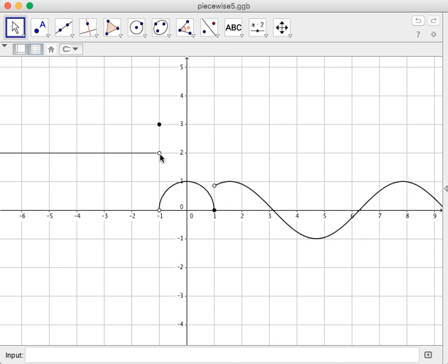Kasi, pag meron tayo nakikitang point na parang empty circle, white yung interior niya, ibig sabihin, hindi kasama yung -1. So, yun yung kanyang domain, x is less than -1, or yung interval niya.